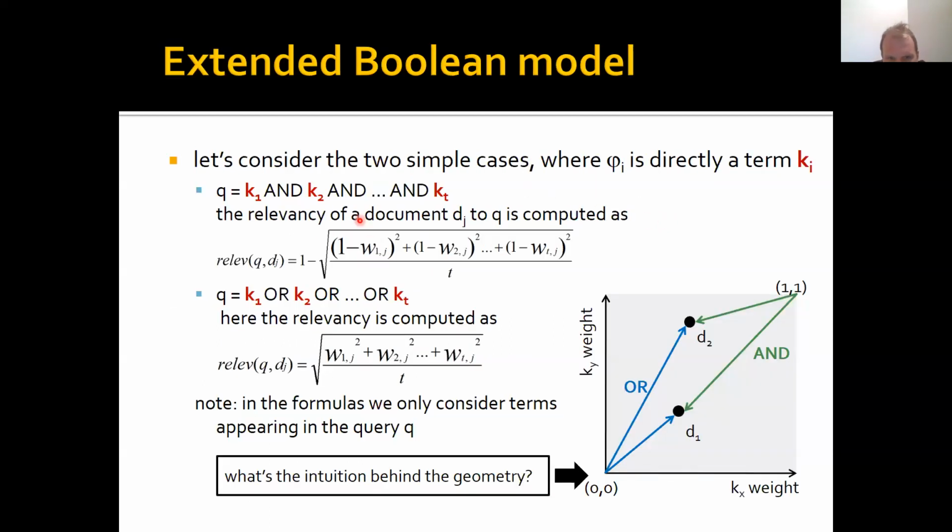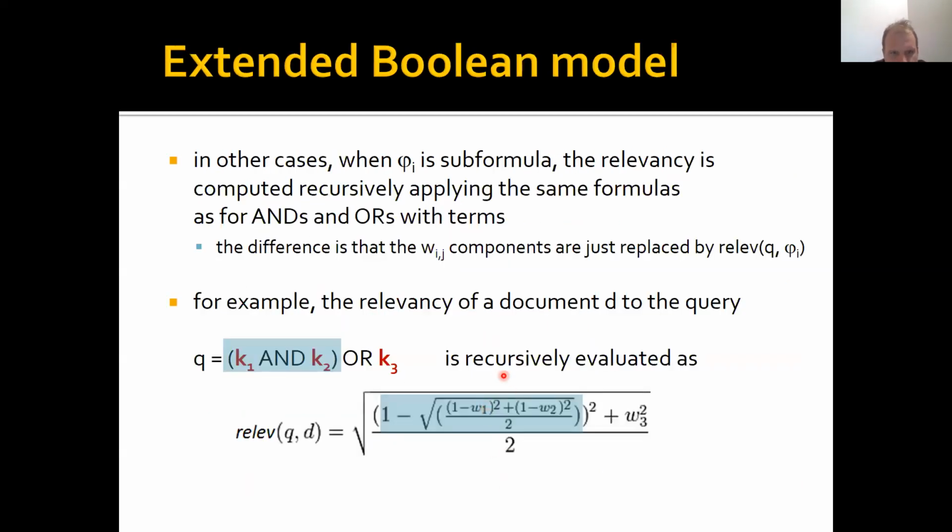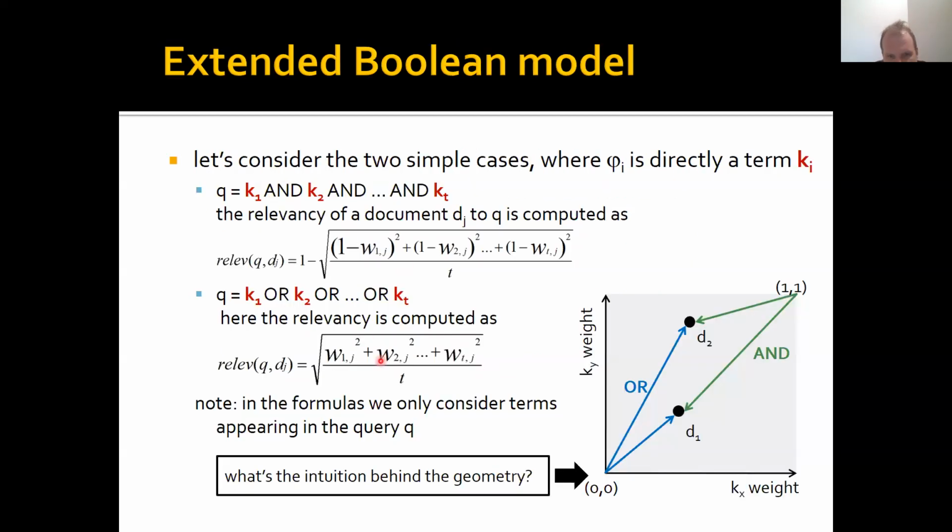And because this was just the solution for one fragment of this conjunctive form or this disjunctive form, we must generalize it for the general expression. So if we have, for example, this composed form, conjunctive and then disjunctive, we must recursively apply these formulas.